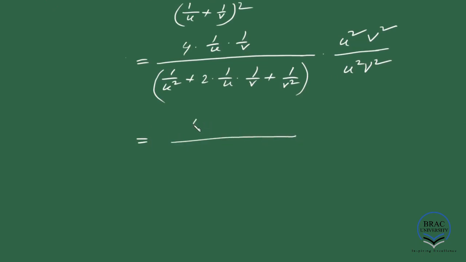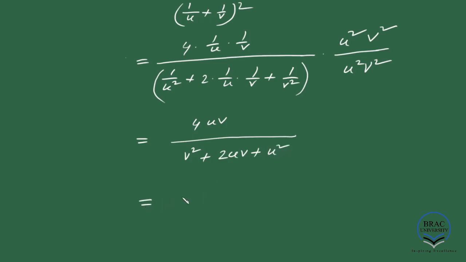And it turns out that on the numerator we get 4uv, and on the denominator u squared and u squared cancel each other out. If we multiply this through, then we're going to be left with v squared over here. Similarly, we're going to be left with 2uv plus u squared.